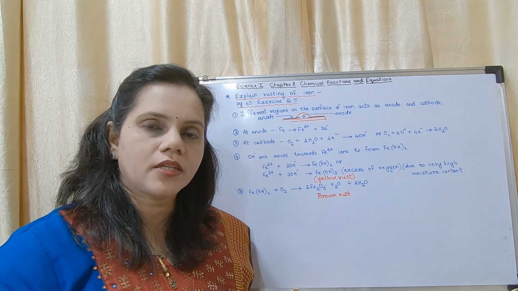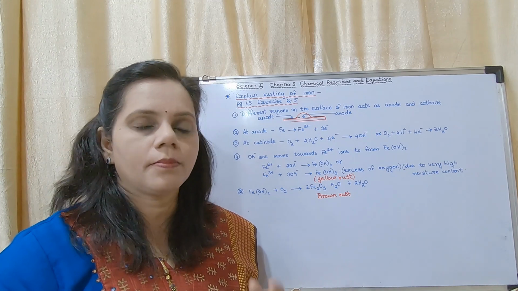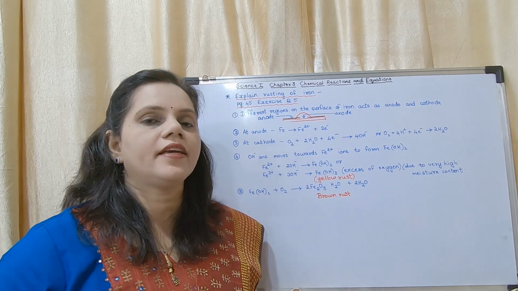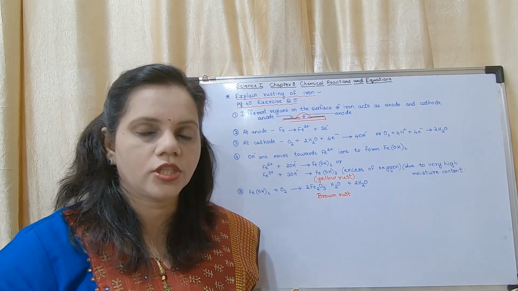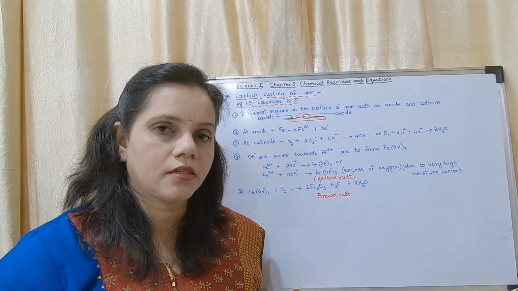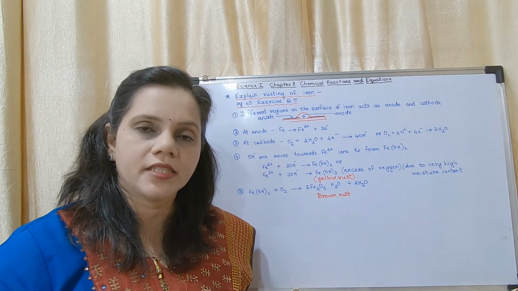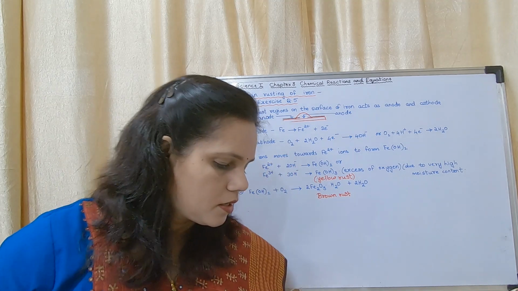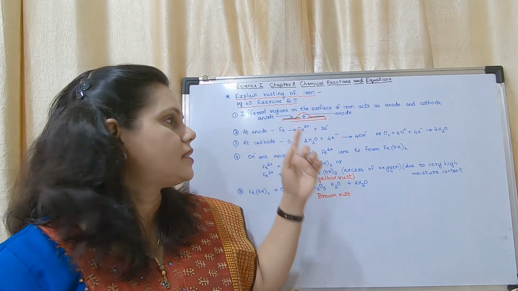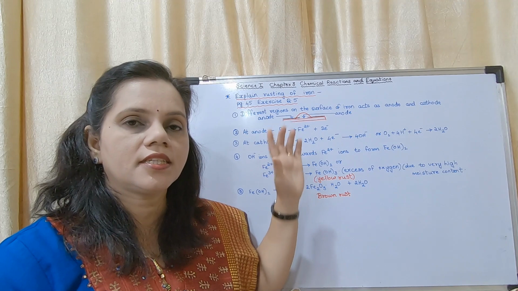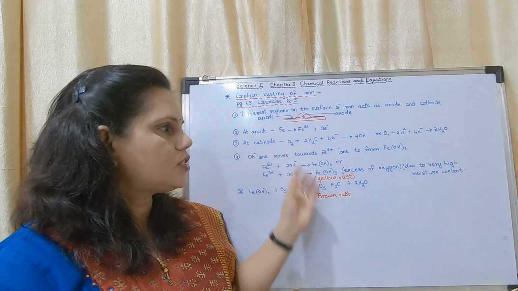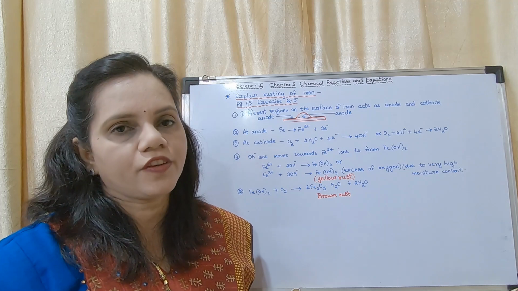It is not expected for you to write in your paper, it is just for you to understand. If you have a question on rusting or corrosion, or you have to explain the diagram given on page number 45, you just write the answer which I had written in the other clip. This you may write in your notebook if you want.